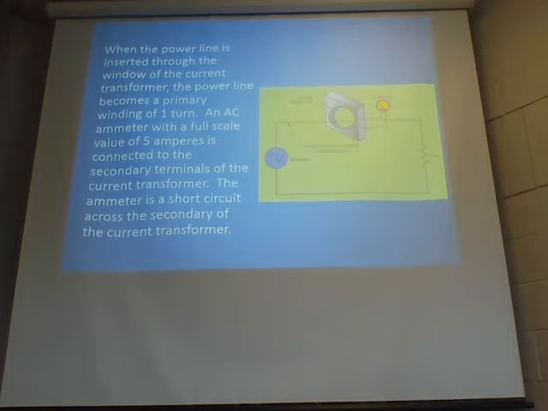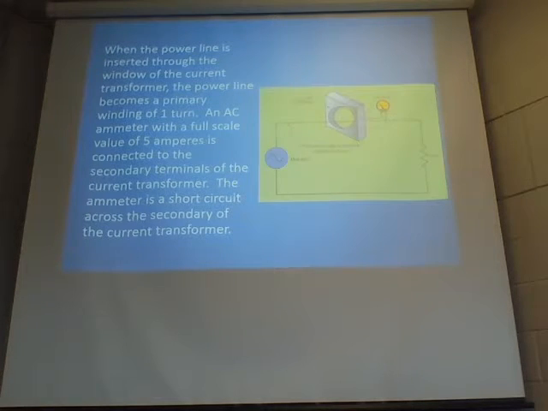When the power line is inserted through the window of the current transformer, it looks like a donut. They're called donuts. So that conductor is just physically passing through the hole in that current transformer. The power line becomes a primary winding of one turn.